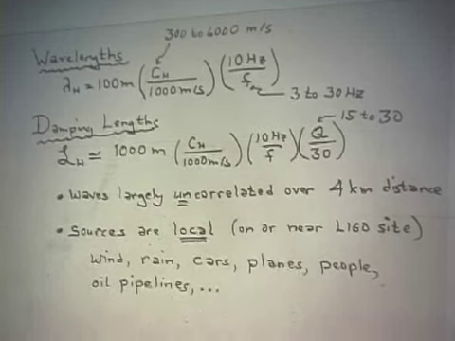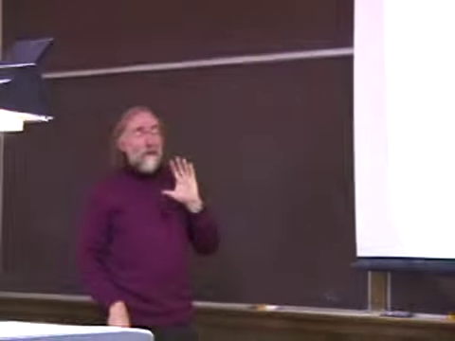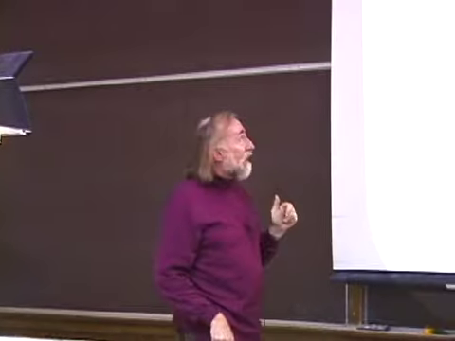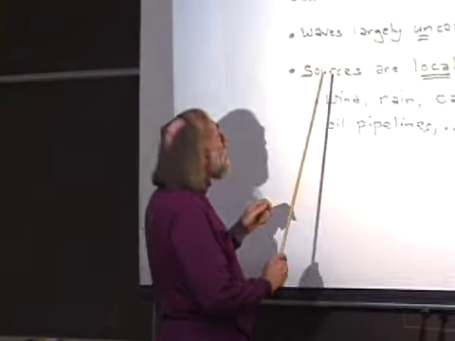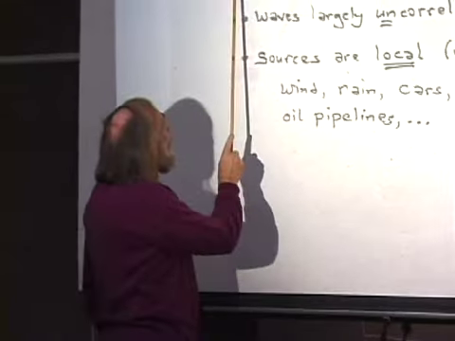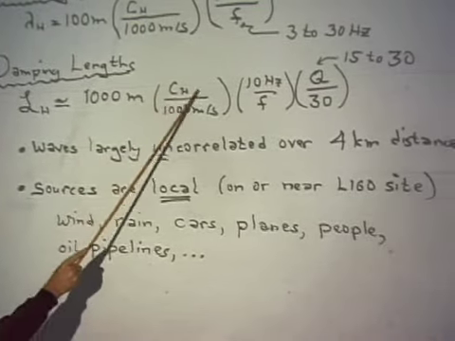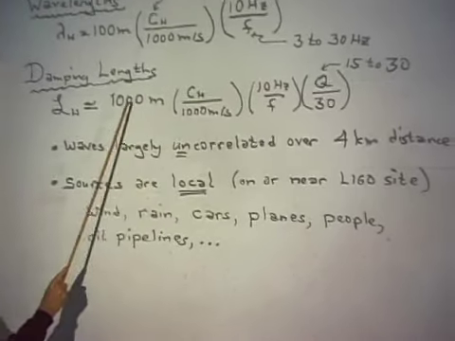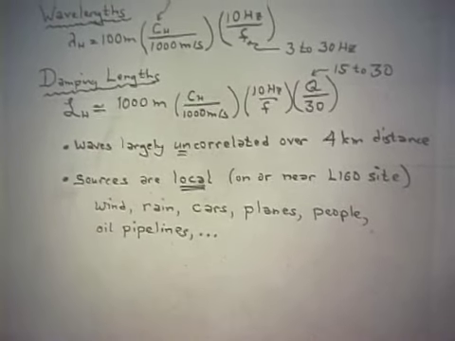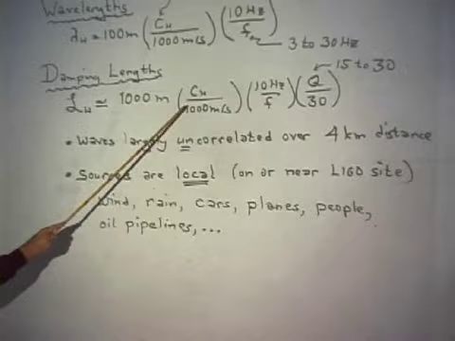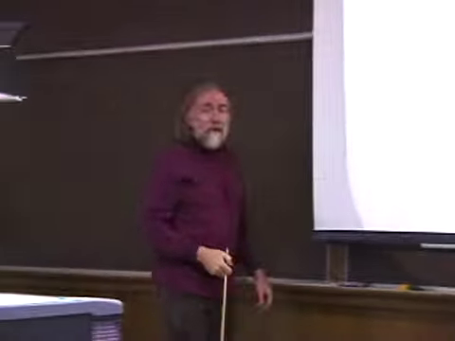So normal geophysical material absorbs these waves rather easily. That means that the damping length, the e-folding length at speeds of 1,000 meters per second is about 1,000 meters. And our speeds may typically be half that, so maybe 500 meters.